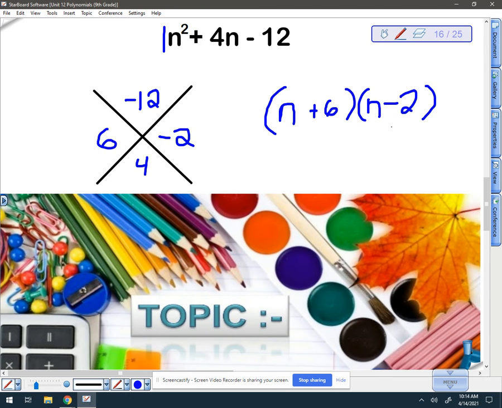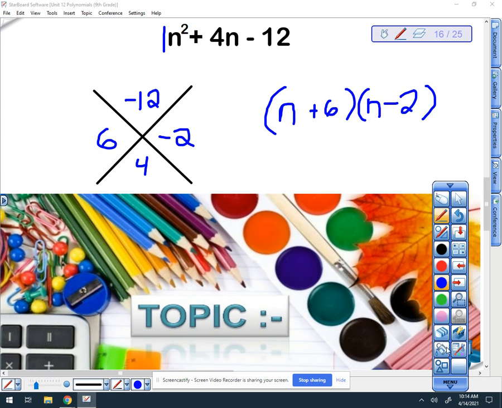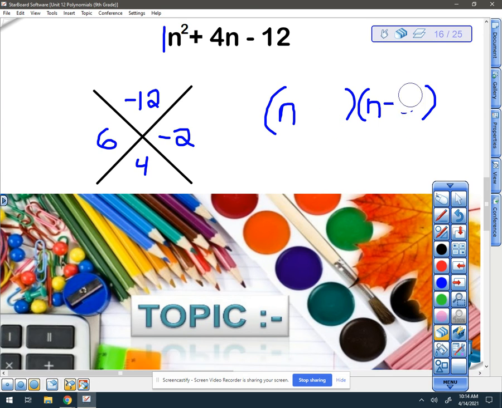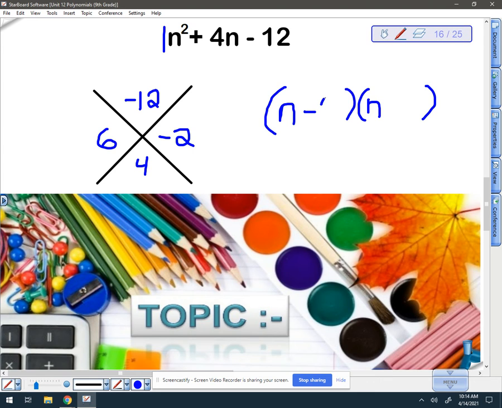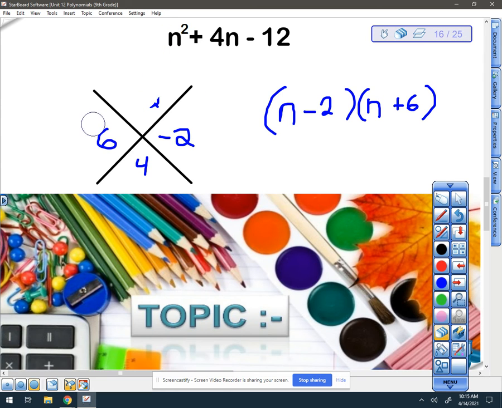And also, in case you were wondering, it does not matter if you put the negative 2 here or the 6 here. It doesn't matter if this is your answer or if instead your answer was the other way around, with minus 2 here and plus 6 here. It's still correct. It doesn't matter which way those end up going in there, as long as you have the right numbers.